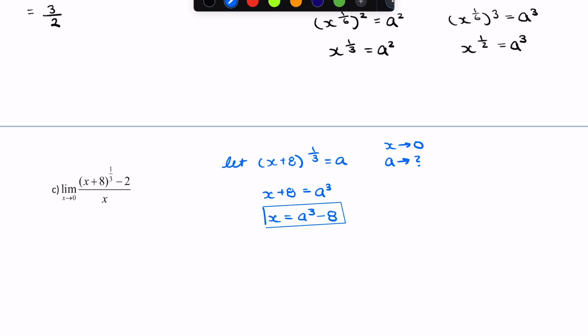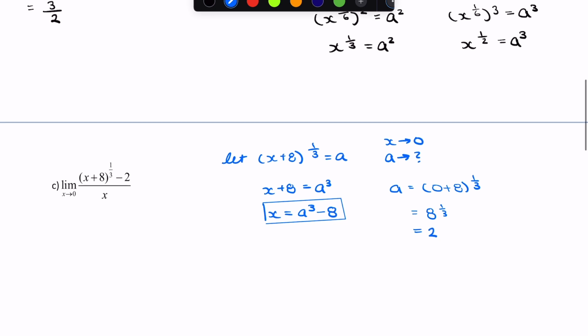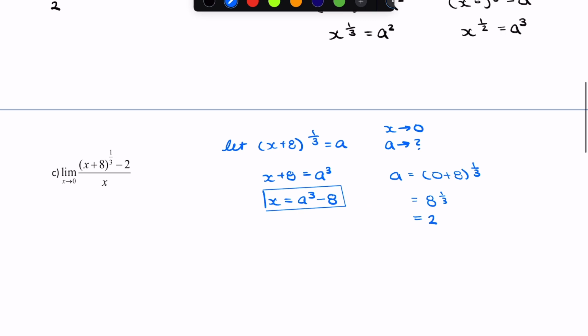So a here is equal to 0 plus 8 to the power of 1 over 3. And here we get 8 to the power of 1 over 3, which is equal to 2. So here we see that a is going to be approaching 2. And so we can rewrite this.